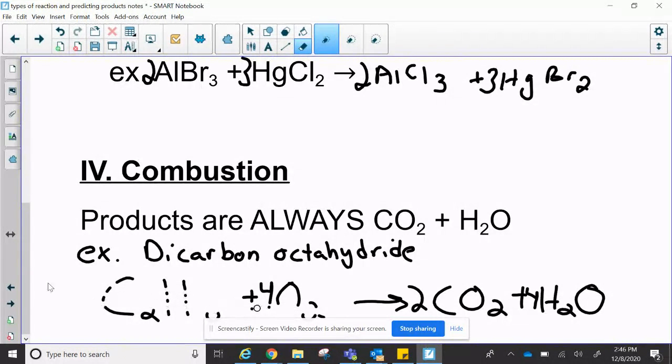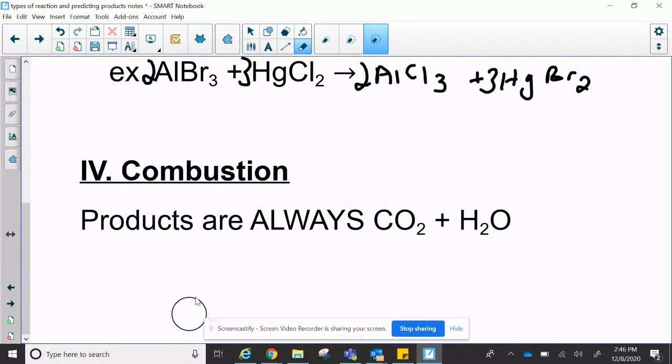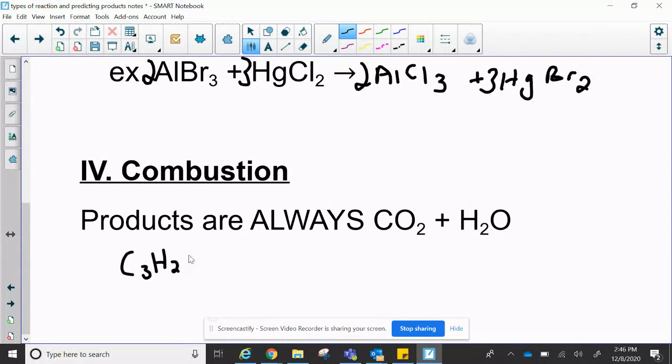If I had instead, let's say, just make one up, I'm not even going to balance it because it probably won't balance correctly. Let's say we have C3H2O to start with.